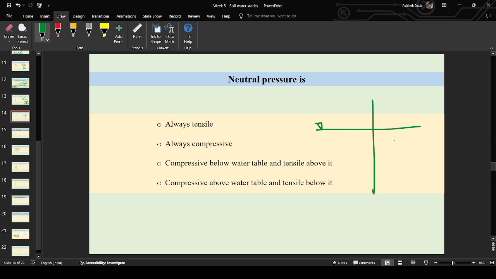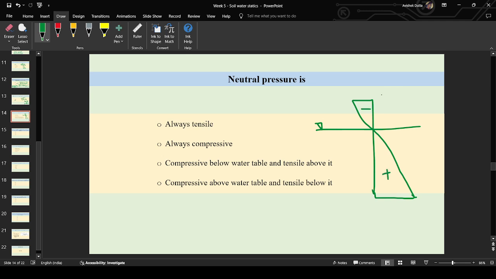Neutral pressure not in water, neutral pressure in soil, which is synonymous to the pore pressure. In general scenario, pore pressure is also termed as neutral pressure. So when you talk about pore pressure, that is also another name for neutral pressure. That is nothing but, if it is above the water table, then there is capillary suction. Neutral pressure, yes. Continue.